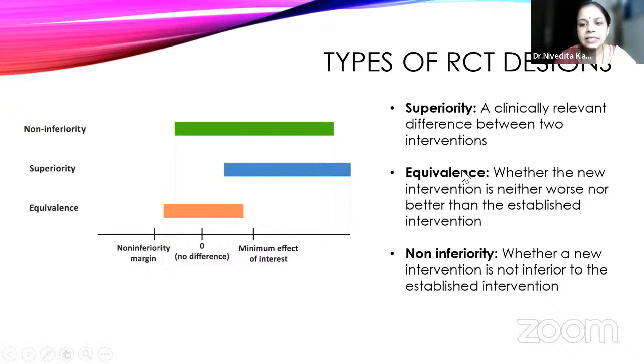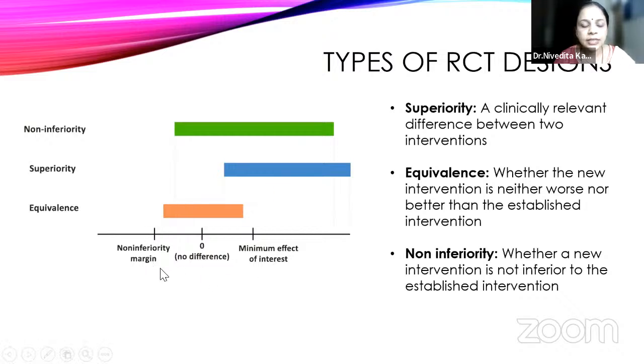The equivalence trial is when you already have a standard therapy that is working well, but a new drug comes with probably a better side effect profile, and you want to show that it is as good as the existing therapy. A non-inferiority trial is used in a situation where there is already an established therapy and you want to introduce a new drug which is definitely not inferior. It may be as good or better than the existing therapy.